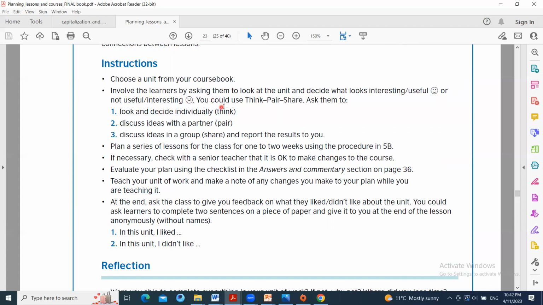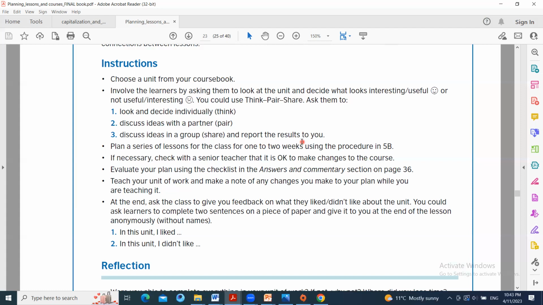You could use think, pair, share. Think means look and decide individually. Pair means discuss ideas with a partner. Share means discuss ideas in a group and report the results to you.